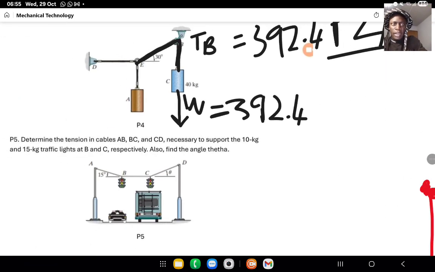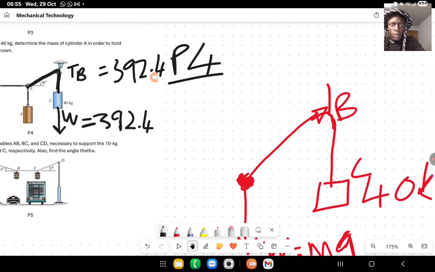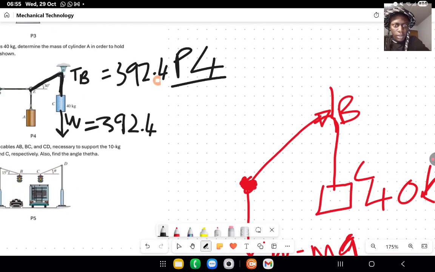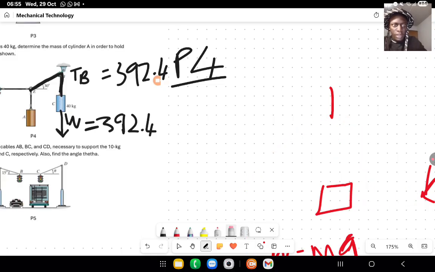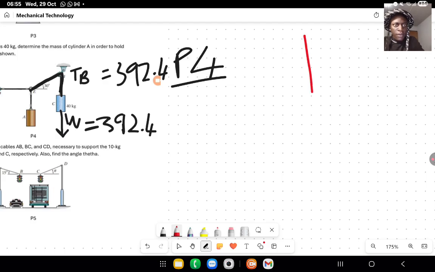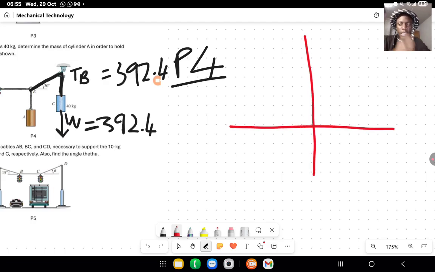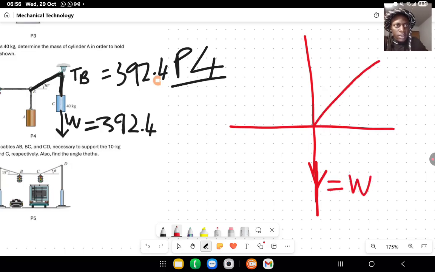Now we are going to see. Let me show you here. Let me erase this in order for us to understand. Now we have a Cartesian plane like this. We have our weight, which is going this side, then we have the angle here.